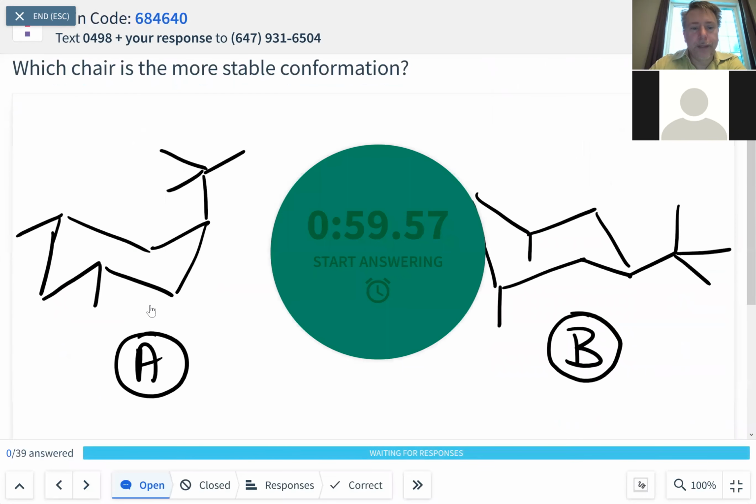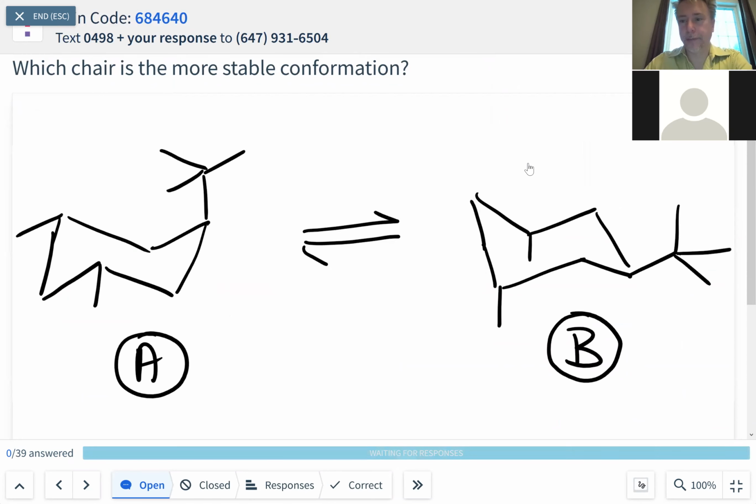Start question. So here we've got a different chair with different groups on it.